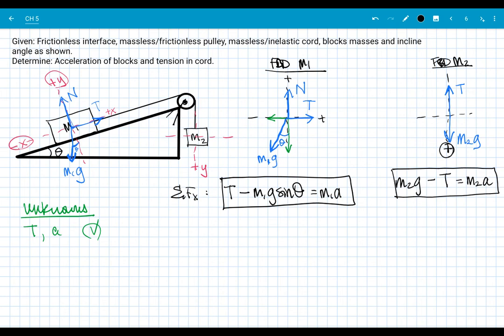And notice this problem is also asking for the tension. We can solve for both of those. But for right now, I want to discuss for just a moment what you get when you calculate acceleration. You'll get an expression that looks like this. Take a moment and write it out. That's all over m1 plus m2.